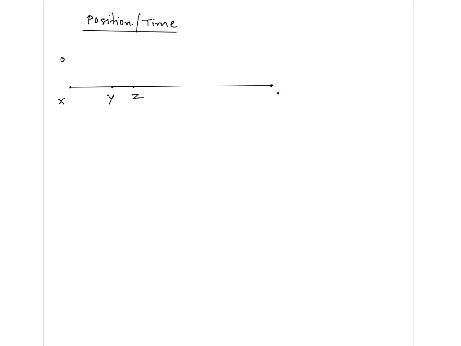Now when we are plotting a position time graph, and then we are saying that at t equal to 0, y was here, or z was here, x was here, it makes perfect sense. And then maybe x overtook, whatever happens later on.